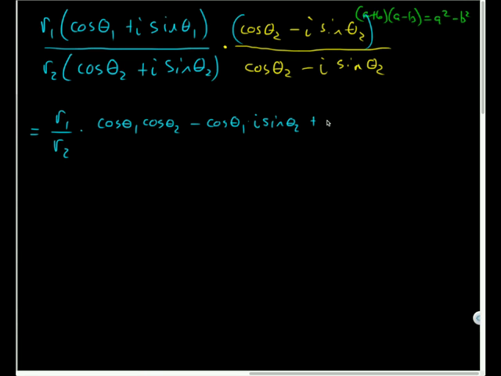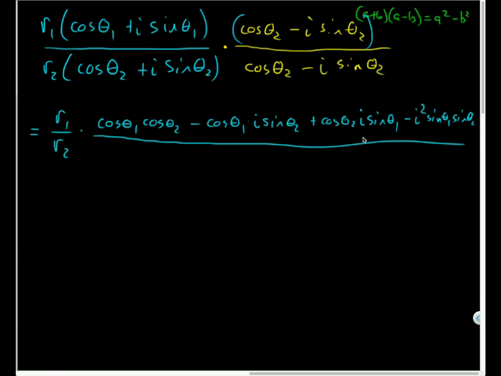So it'd be plus cosine theta 2 I sine theta 1. And lastly, I times I, one's positive, one's negative, would be negative I squared sine theta 1 sine theta 2. It's getting tinier and tinier, but hopefully you can read that. All over. Here, let me draw a better fraction bar.